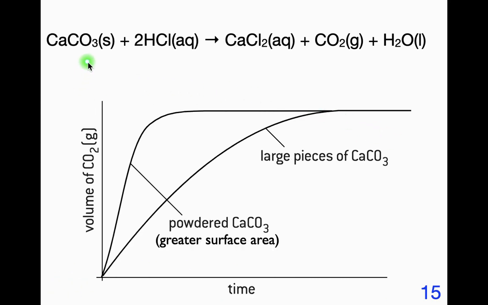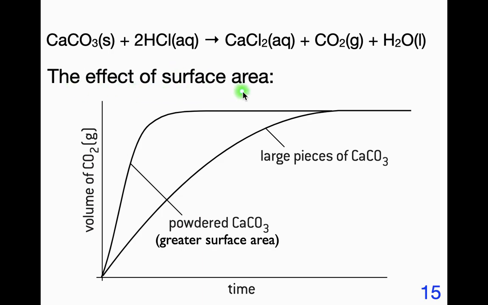Sorry, the effect of surface area. All right, so now we're looking at the solid calcium carbonate. So we have powdered calcium carbonate, and so that would be greater surface area. Powdered means that we have very, very small particles. Remember we talked about earlier, the smaller the particles, the greater the surface area. Whereas large pieces would have a low surface area.